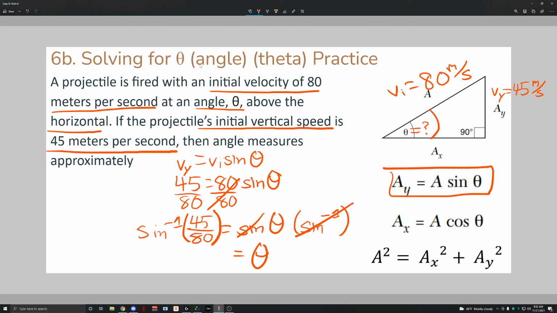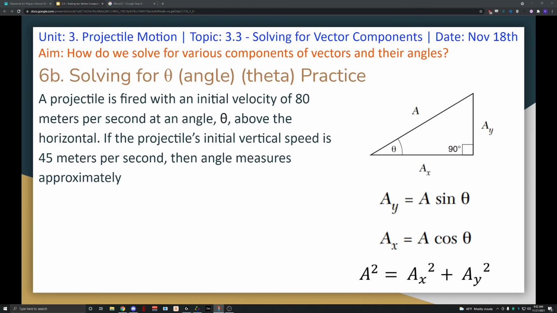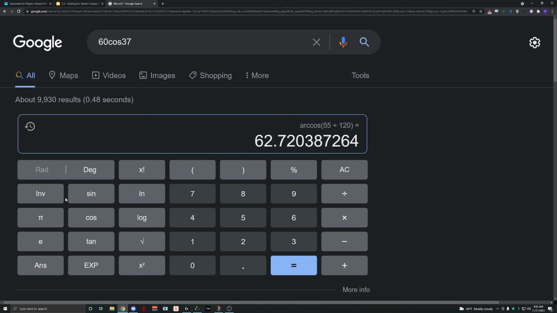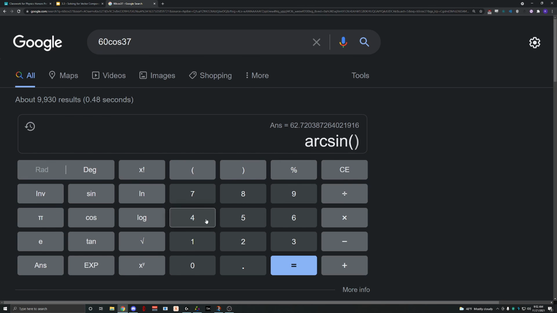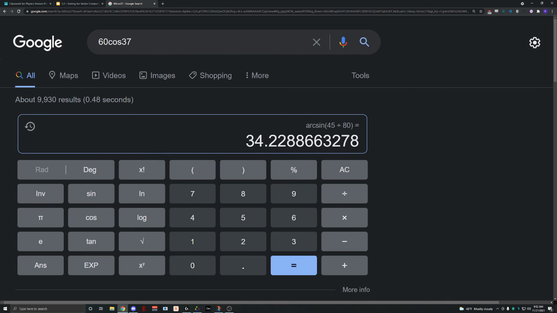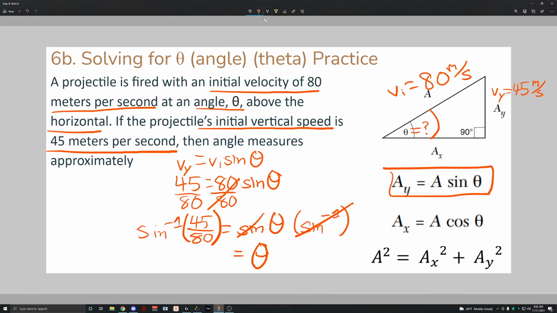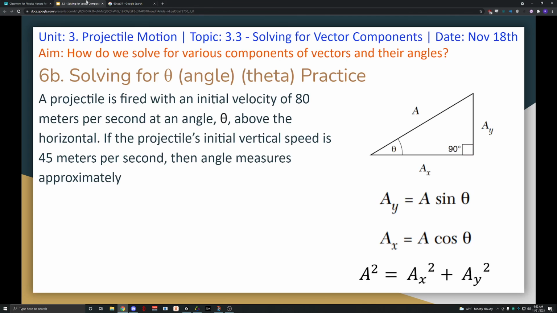Then theta is equal to inverse sine negative 1 of 45 divided by 80. You get 34.2. And so your angle is 34.2 degrees. Okay? Good. Easy. And that's how you solve this question. All right, perfect.